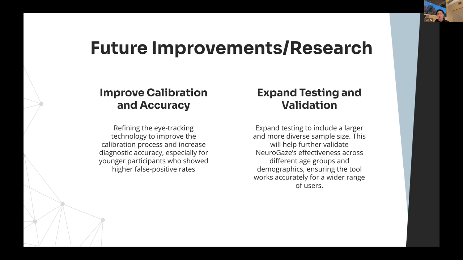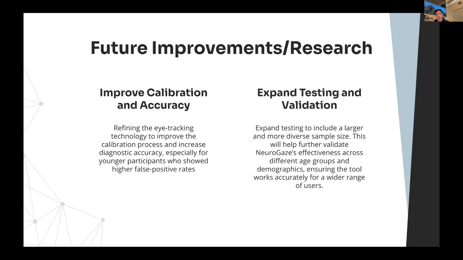We are hoping in the future to set it towards the 90s or high 80s starting, and then later high 90s to get results as accurate as possible, and therefore to limit false positives. We think we can do this by redefining the eye tracking technology to improve the calibration process and increase diagnostic accuracy, especially for younger participants who showed high false positive rates.